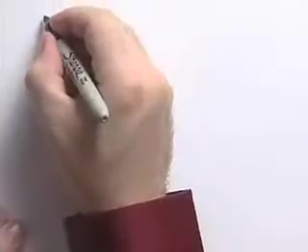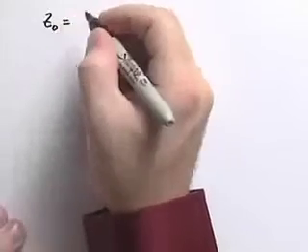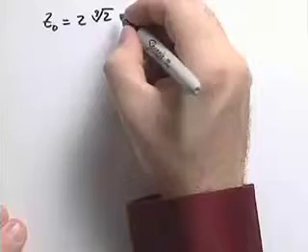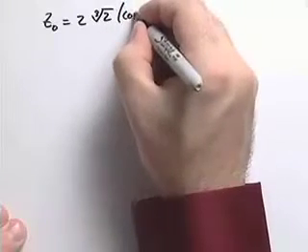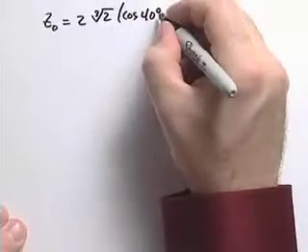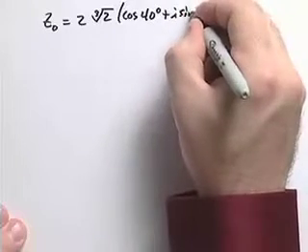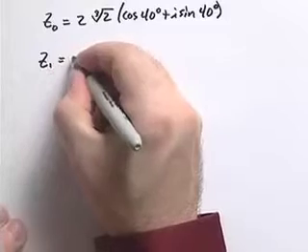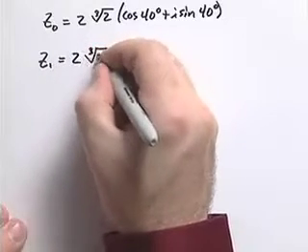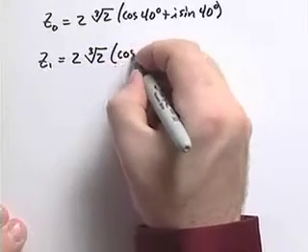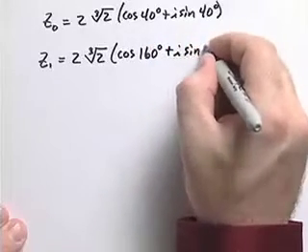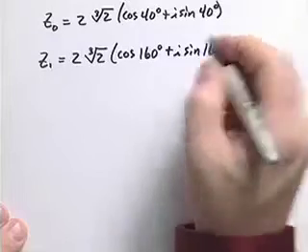If we do that, we'll get that z sub 0 is equal to 2 times the cube root of 2 times the cosine of 40 degrees plus i times the sine of 40 degrees. z sub 1 is equal to 2 times the cube root of 2 times the cosine of 160 degrees plus i times the sine of 160 degrees.